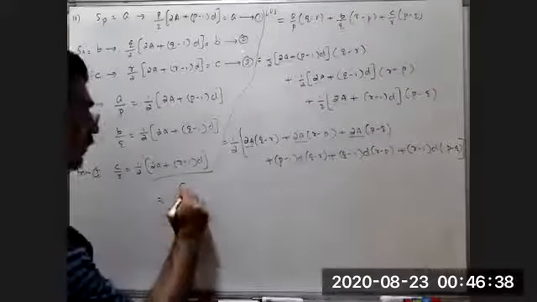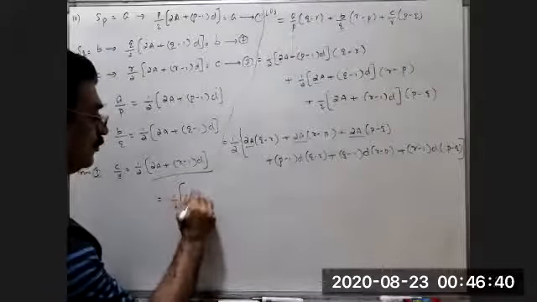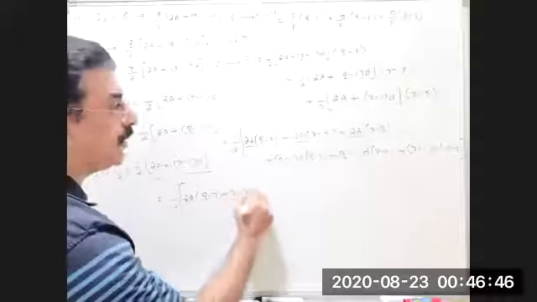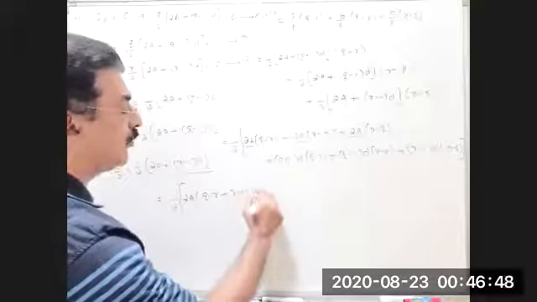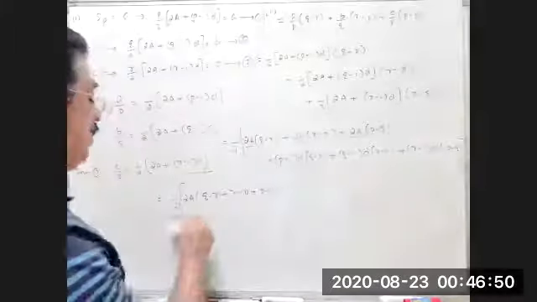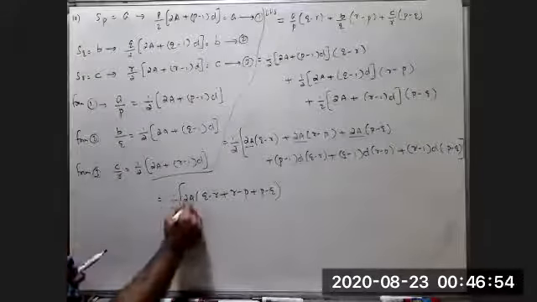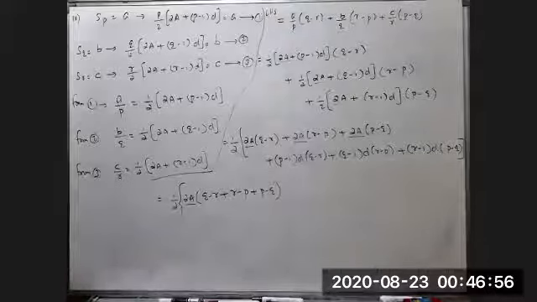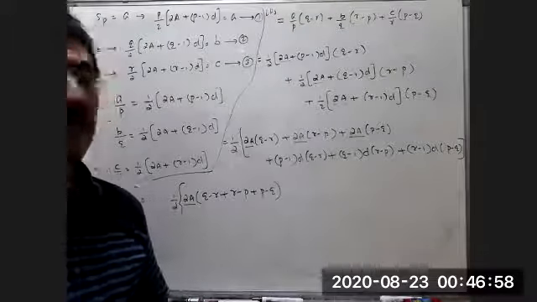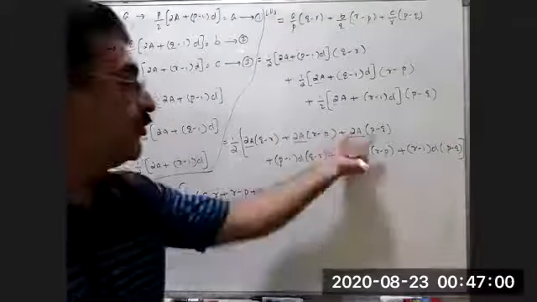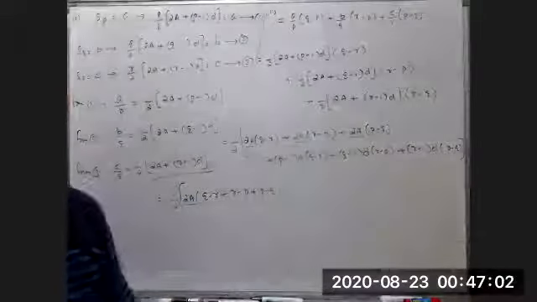I am taking that 2A common. What is left inside? Q minus R plus R minus P plus P minus Q. I took the 2A common from these first three terms.